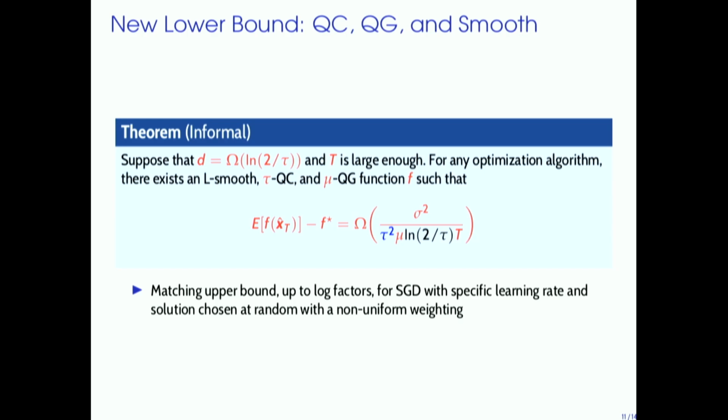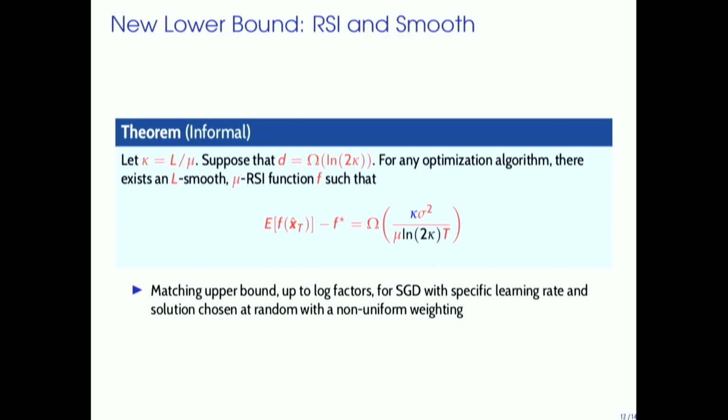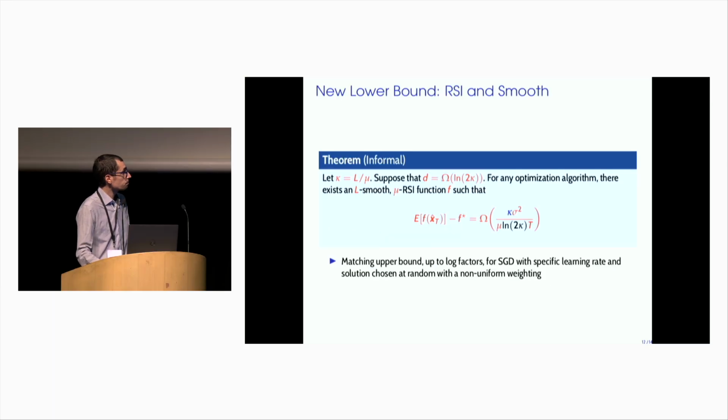And it's also sharp because we have a matching upper bound up to the factor in black. And finally, for the RSI function, we have this lower bound that also matches the upper bound up to the logarithmic factor, and it's a lower bound that shows the role of the condition number in this case.